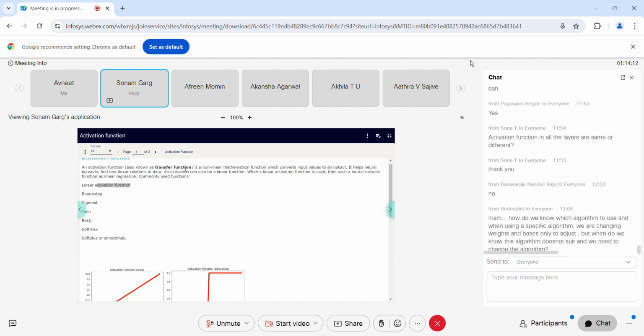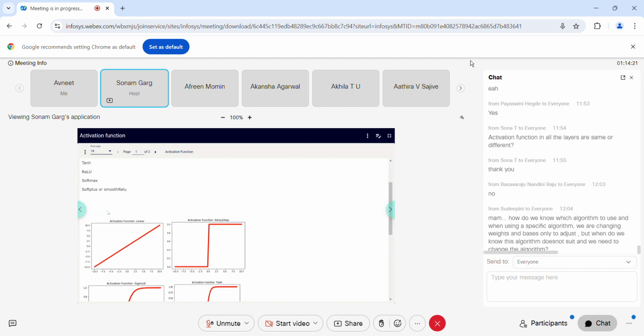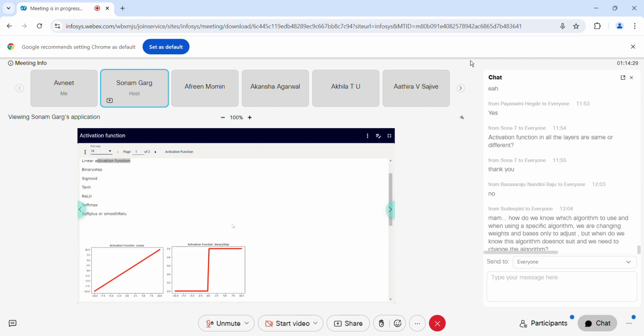Earlier, it was 1 upon 1 plus e raised to the power minus d. That formula will change for all these functions. Here you can see the linear activation function will give you a linear line, so it will map all the x to y in a linear fashion. Binary step gives you either 0 or 1 in the form of binary step values. It will change the values to this.